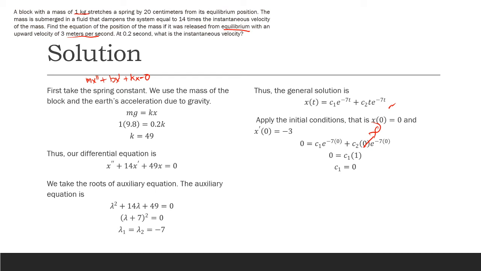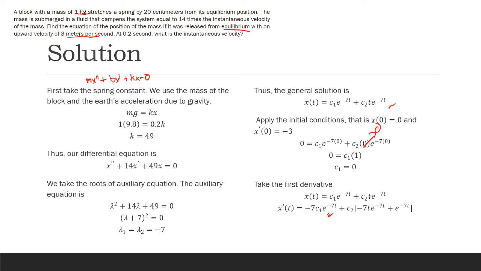Next, we have another initial condition: x prime of 0 is equal to negative 3. For the velocity, we first need to take the first derivative. x of t is equal to c1 e raised to negative 7t plus c2 t e raised to negative 7t. The derivative of the first term is negative 7 c1 e raised to negative 7t.